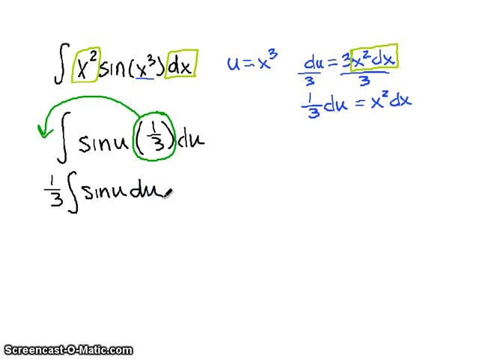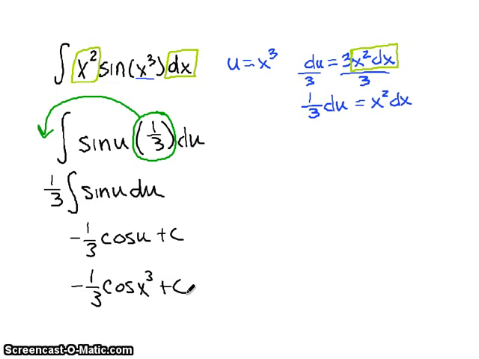The antiderivative of sine is negative cosine of u plus c. We still have that 1/3 multiplied, so it's negative 1/3 cosine of u plus c. Put your u back in, so negative 1/3 cosine of x to the third plus c.